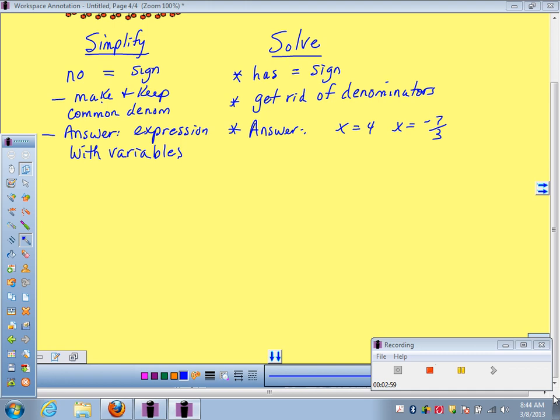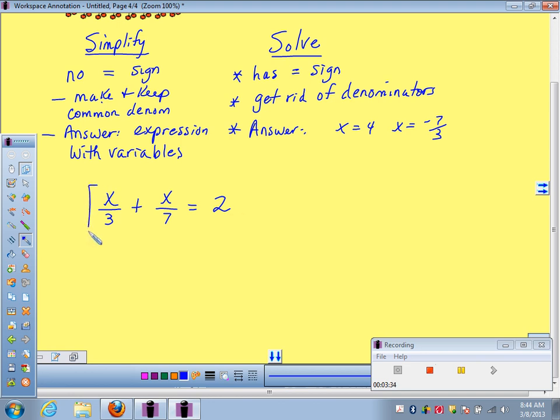Okay, so you've done this before. In fact, back in August, you solved problems like this. They contained fractions. How did you solve an equation like that? We got rid of the denominators by multiplying by the common denominator, and because we were multiplying both sides, it's legal and keeps the equation balanced.